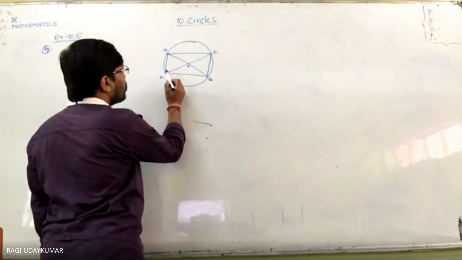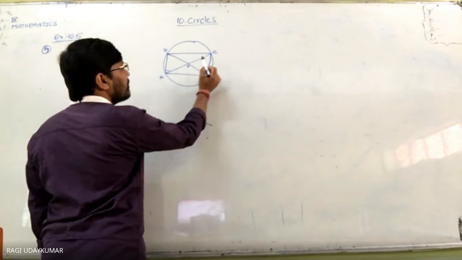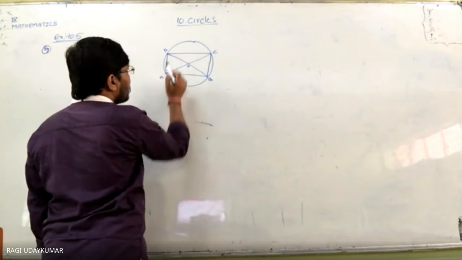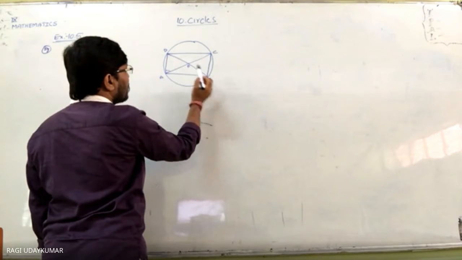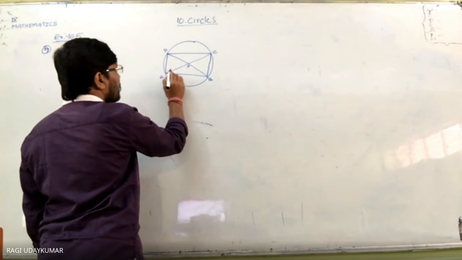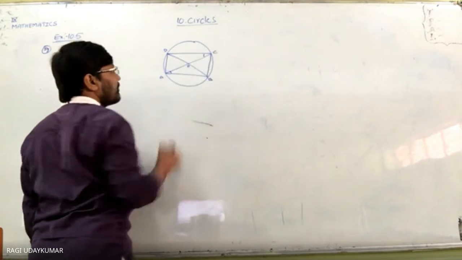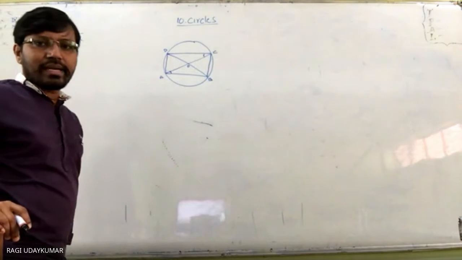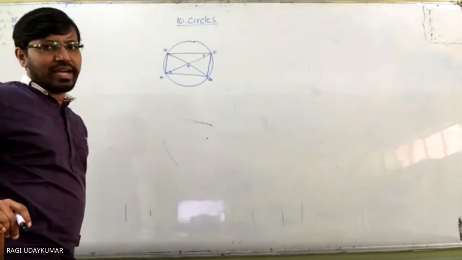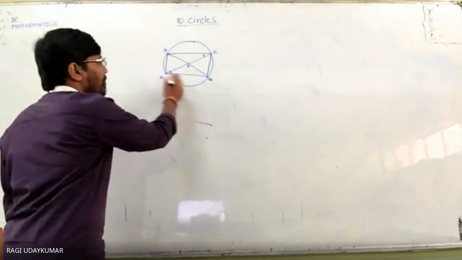If you are able to prove that this angle, alternate angles, ये दोनों parallel prove करना है, तो you can consider like this. This angle, if you are able to prove that these two angles are equal, alternate angles हो जाएगा, then these two lines are parallel.